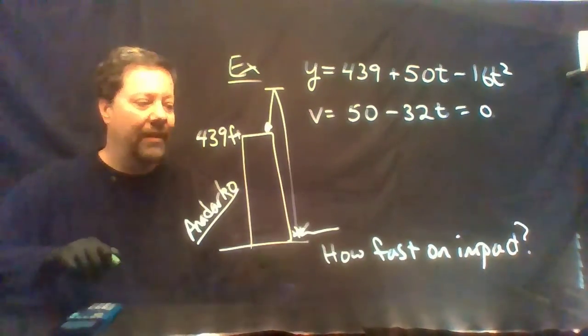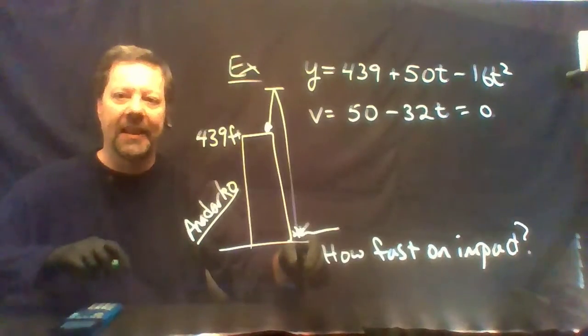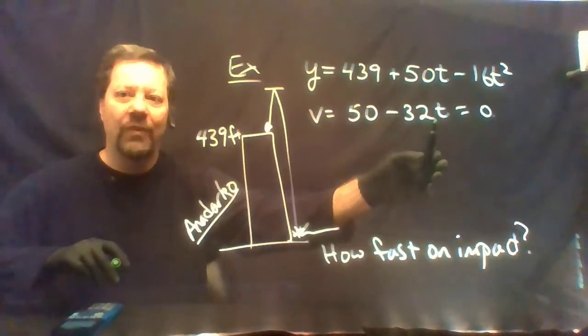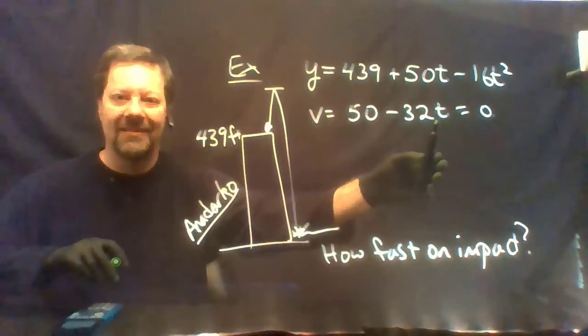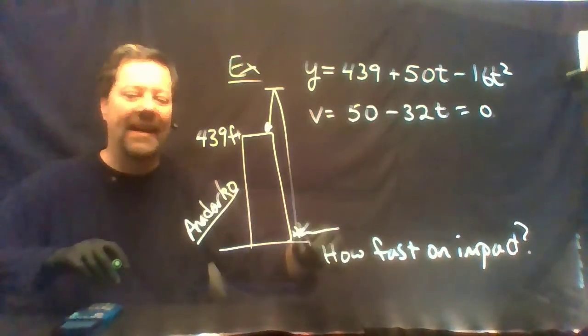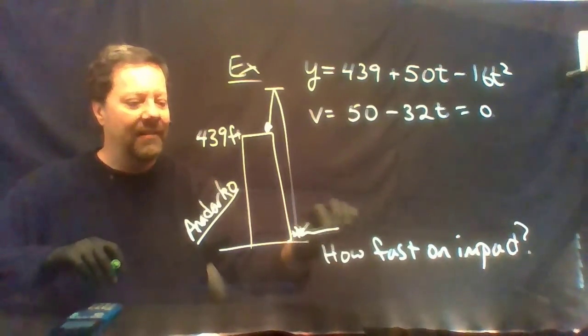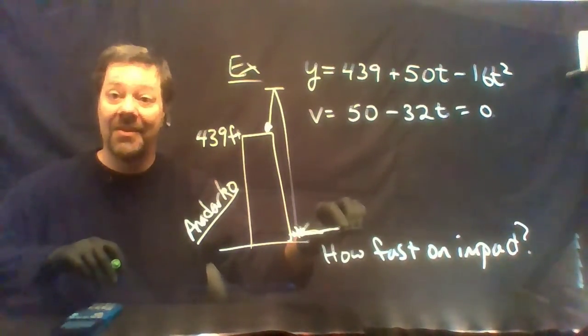In order to figure out how fast the lead ball is moving on impact with the water, we first need to figure out when the lead ball impacts the surface of the water. To find that out, that's when the height is 0.